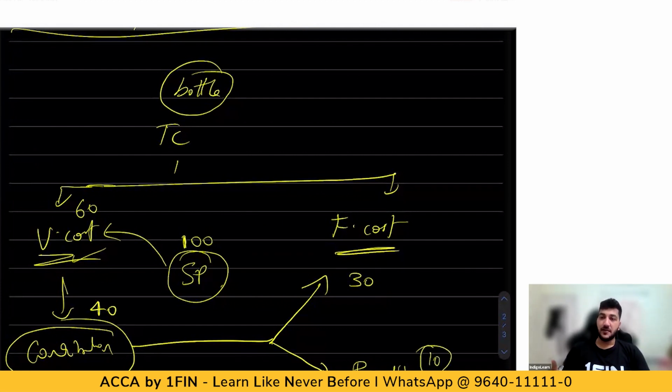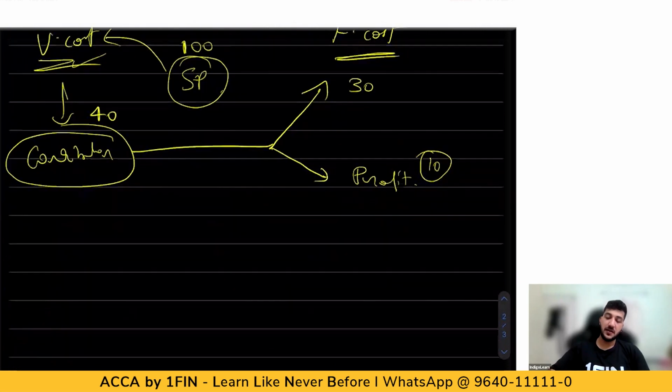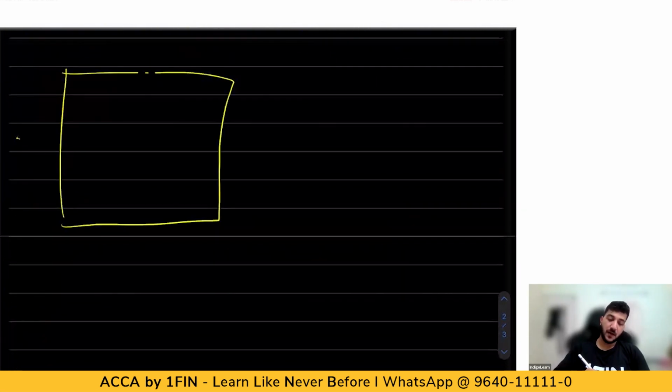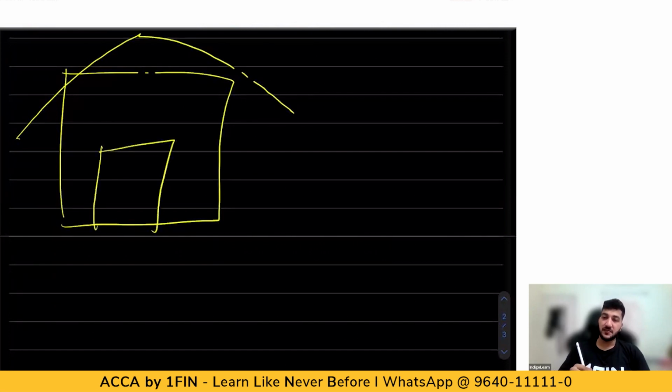Okay. Here, I have to make sure that initially when I run the business, let us say I put up one plant or factory. Okay, I put up a couple of machineries, and the total fixed cost came up to, let us say, 5 lakh rupees.